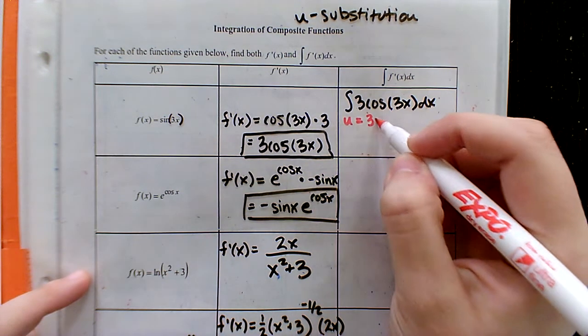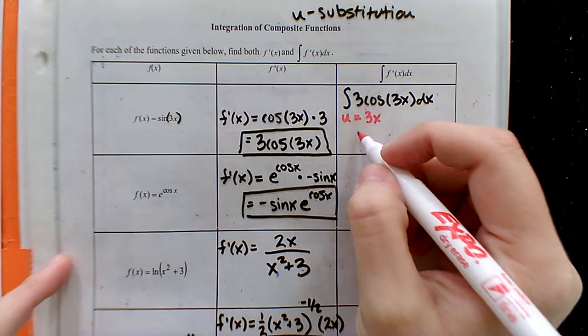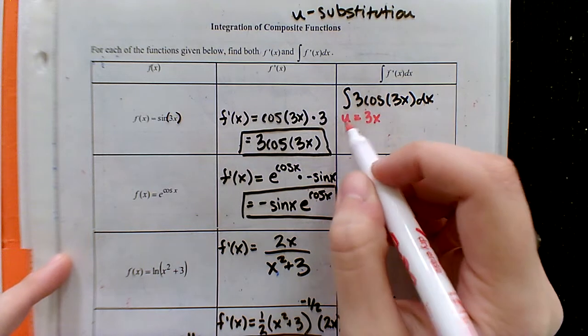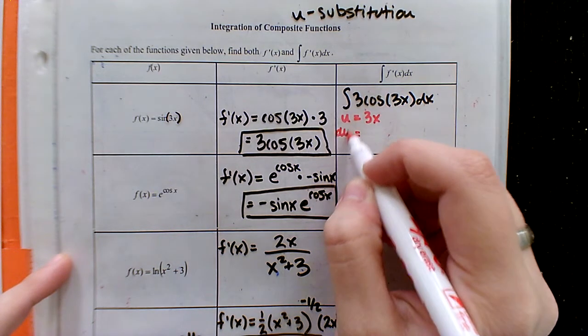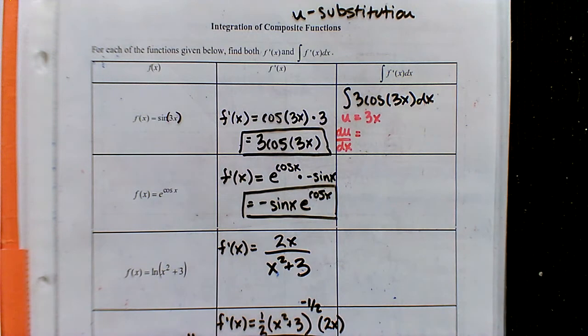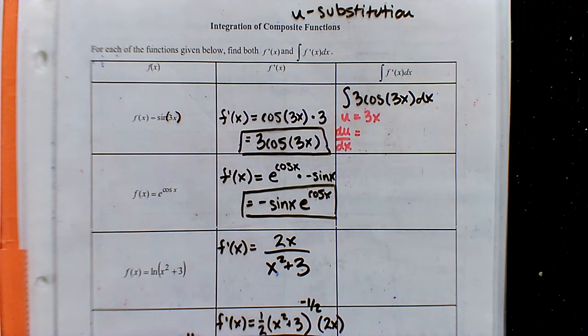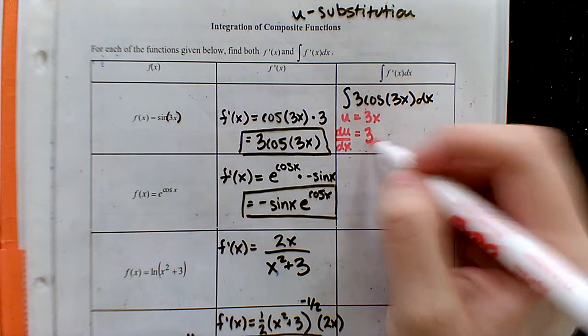So the inside maybe we'll label as 3x. What we're going to do is take the derivative of this inside that we just identified. Now, whenever you take the derivative of u, that would be du over dx. Instead of dy over dx, like when we take the derivative of a y, we're taking the derivative of a u, so it's du over dx. What's the derivative of 3x?